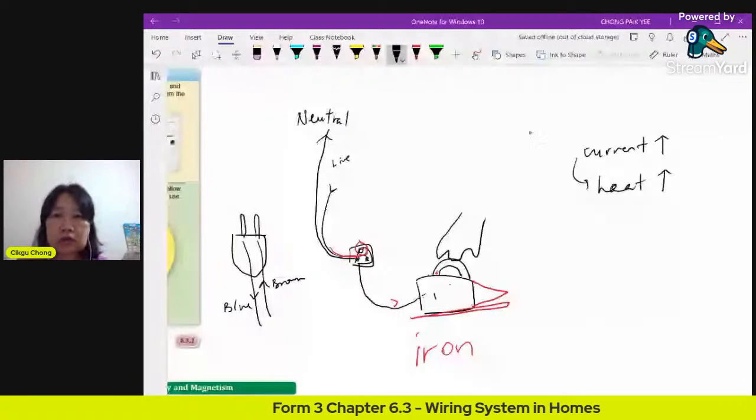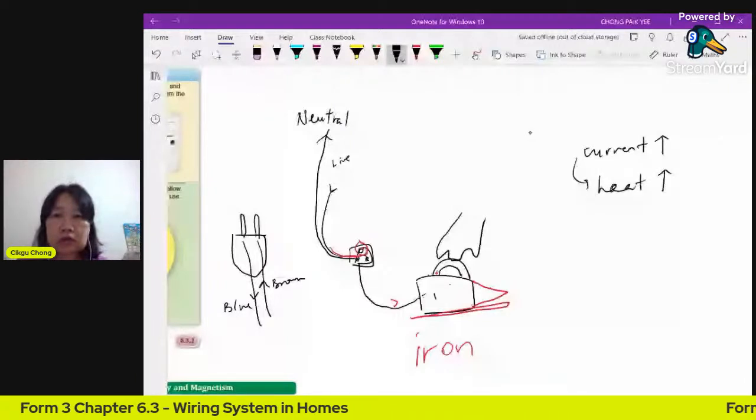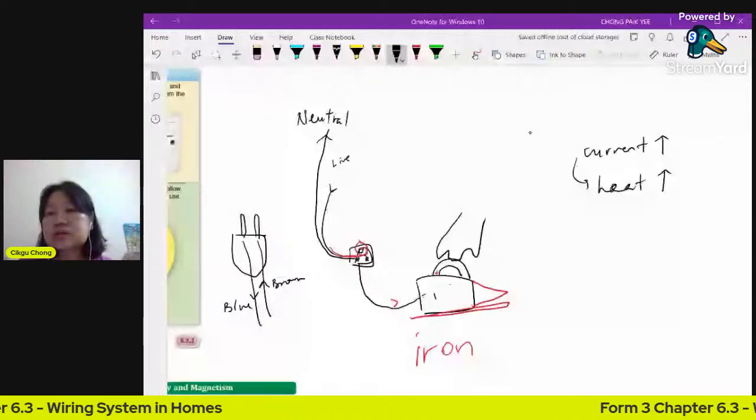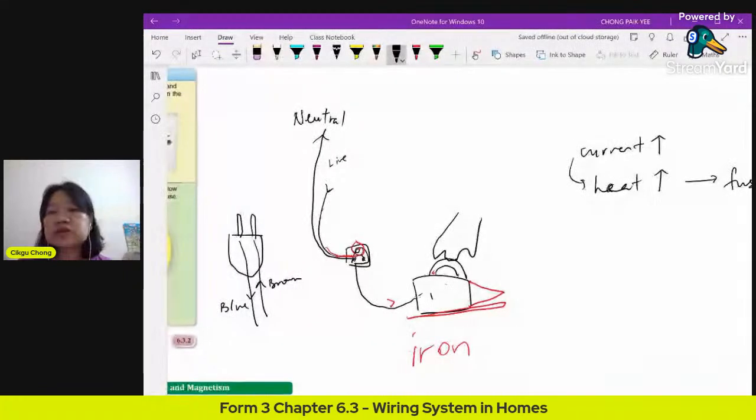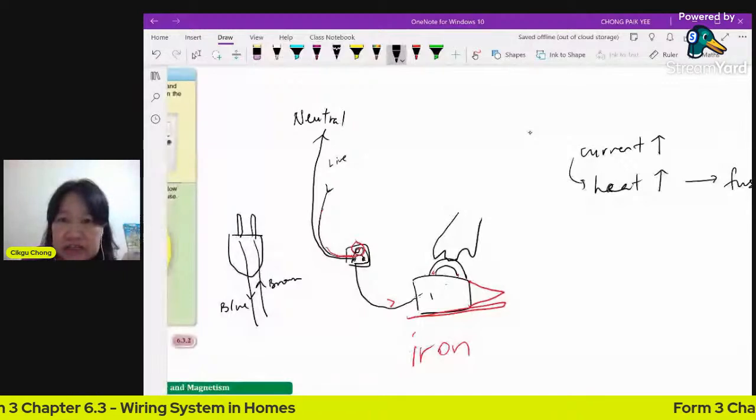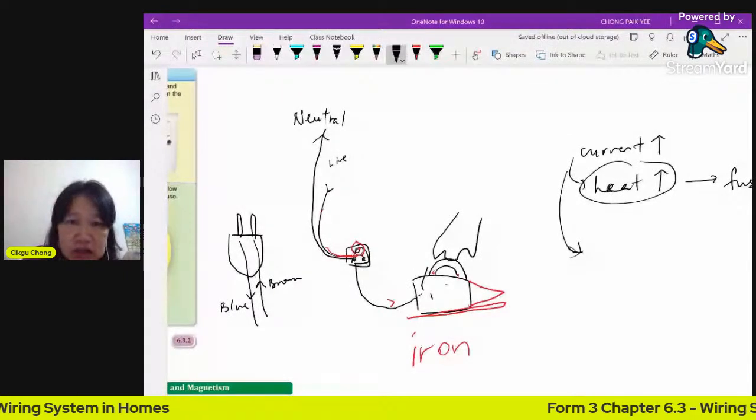And when there's heat, if you have a fuse, then no problem. Your fuse will melt. This will help to stop the current from flowing in. But let's say there's no fuse, or your fuse failed already. So your heat increases, your current increases, you are touching the iron, the current will move into your hand and you're going to get electrocuted.